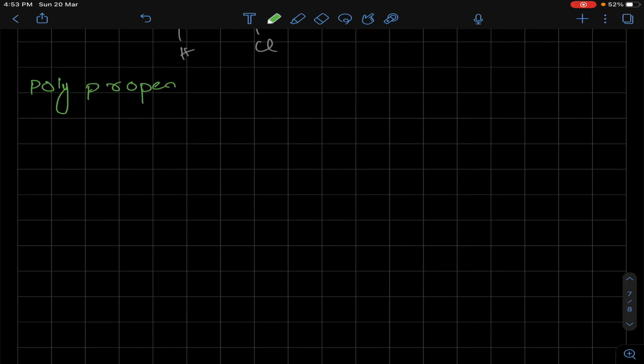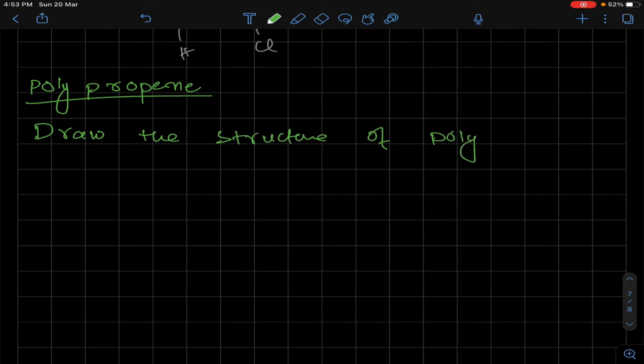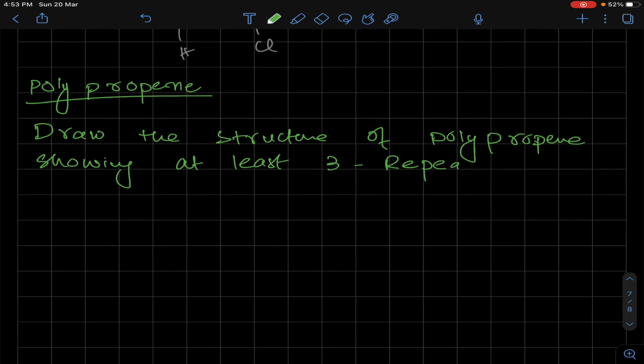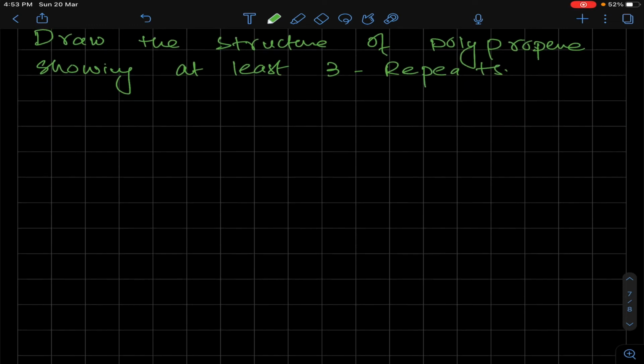Let's suppose the question comes: draw the structure of polypropene showing at least 3 repeats. So you have to draw the structure of polypropene showing at least 3 repeats.